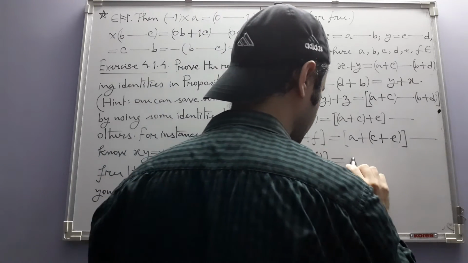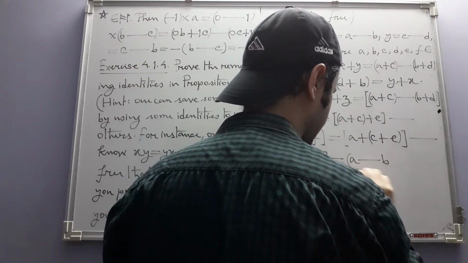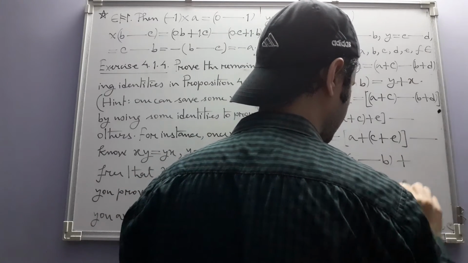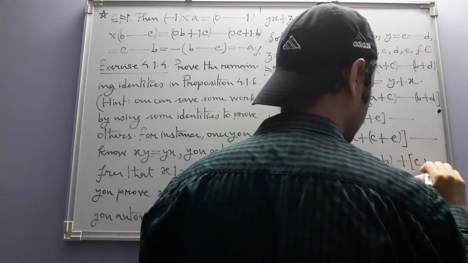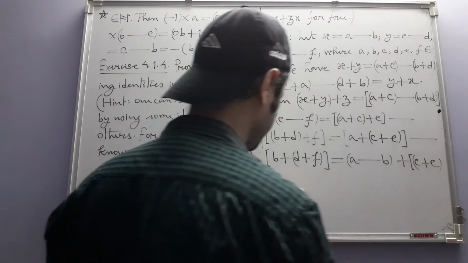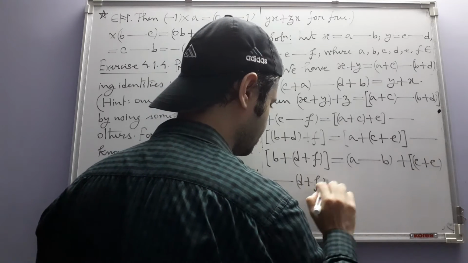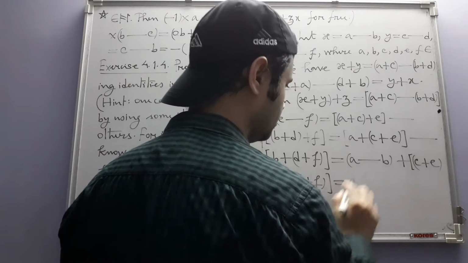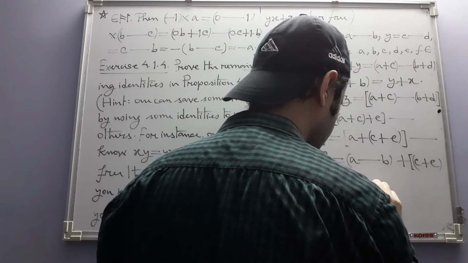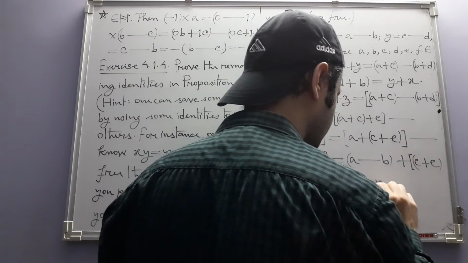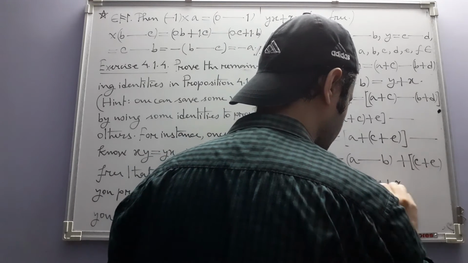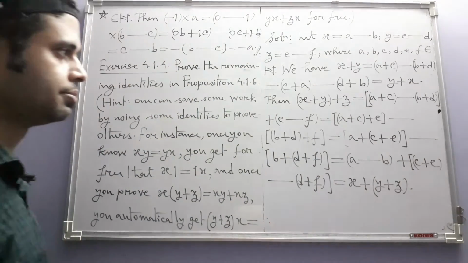So this is going to be a dash b plus c plus e dash d plus f. So the first one is x, and the second one according to definition of addition is y plus z.